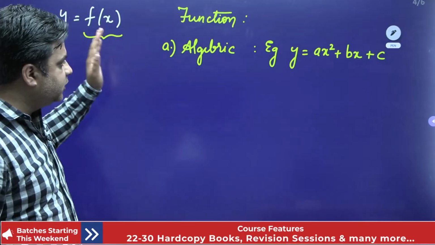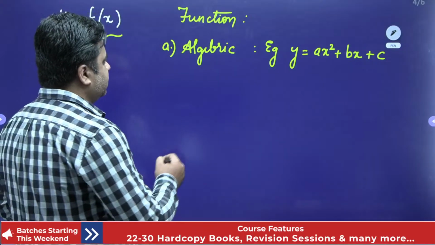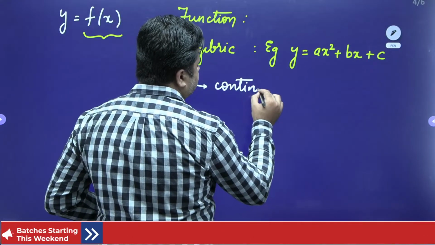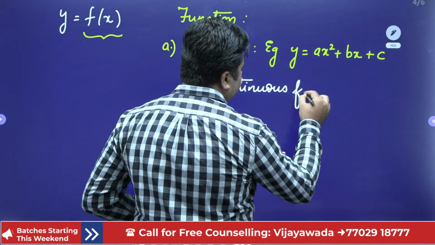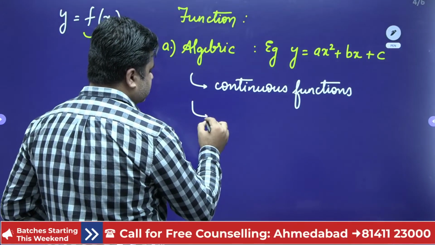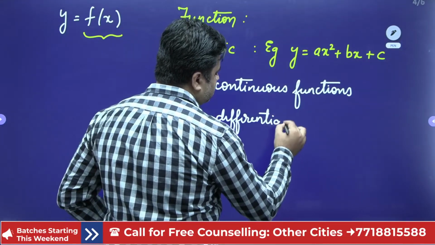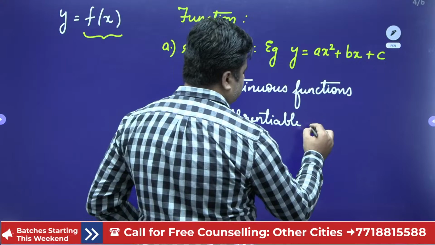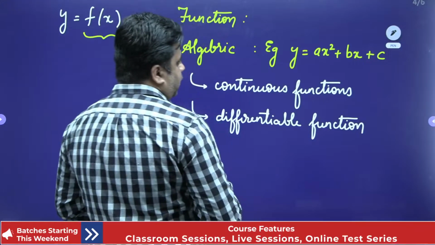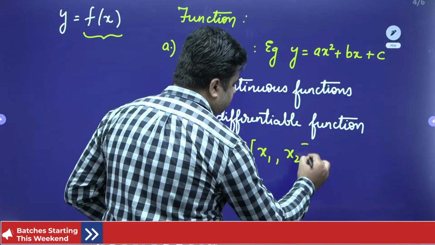They will be continuous throughout the domain in which they are defined, and they will be completely differentiable. So these algebraic functions are continuous functions and they are also differentiable functions, from the range x1 to x2 where they are defined, right?